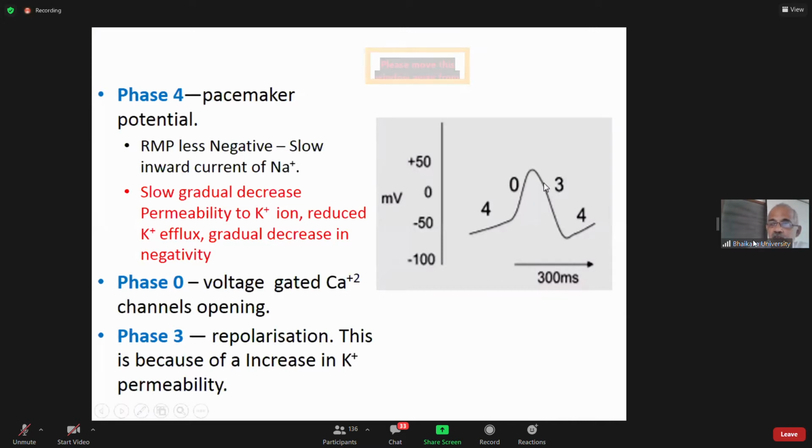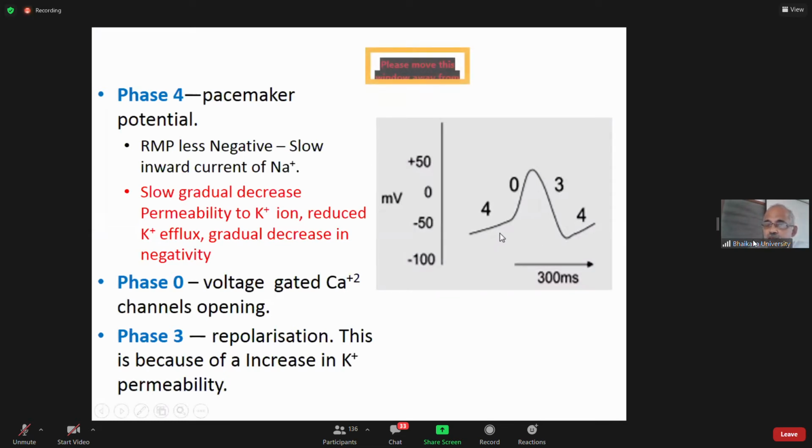This is a slow rise. The peak, the phase 0, is because voltage gated calcium channels get activated, and the repolarization phase is because of potassium channels. So here, primarily the action potential is because of activation of voltage gated calcium channels and a slow decrease in potassium permeability of the membrane. As the potassium permeability reduces, the membrane potential reaches the threshold, and it will fire an action potential.